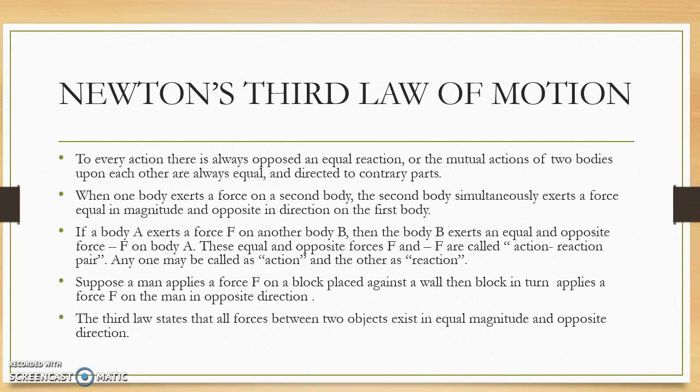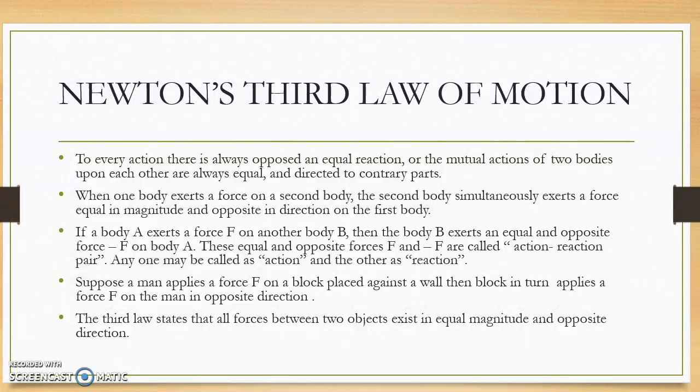Next, we will discuss Newton's third law of motion. So, what is meant by Newton's third law of motion? To every action, there is always an opposite and equal reaction, or the mutual actions of two bodies upon each other are always equal and directed to contrary parts. When one body exerts a force on a second body, the second body simultaneously exerts a force equal in magnitude and opposite in direction on the first body.